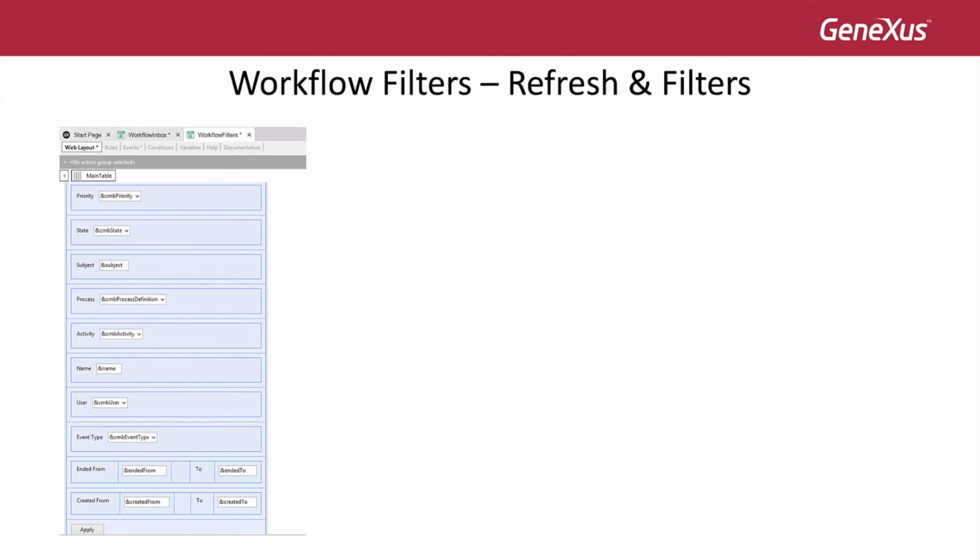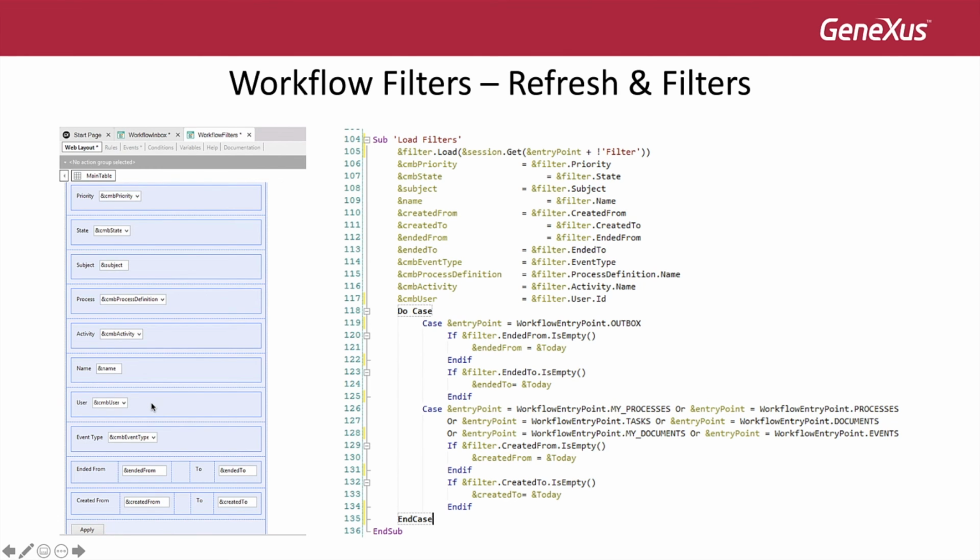If we look at this web panel, workflow filter, it looks like this. It has priority, state, subject, processes, activity, name, user, and has two main subroutines. The first is the one it executes when it's loading, which loads all the workflow filters data type from the web session that was previously saved, and it loads all the data into the variables of the panel.